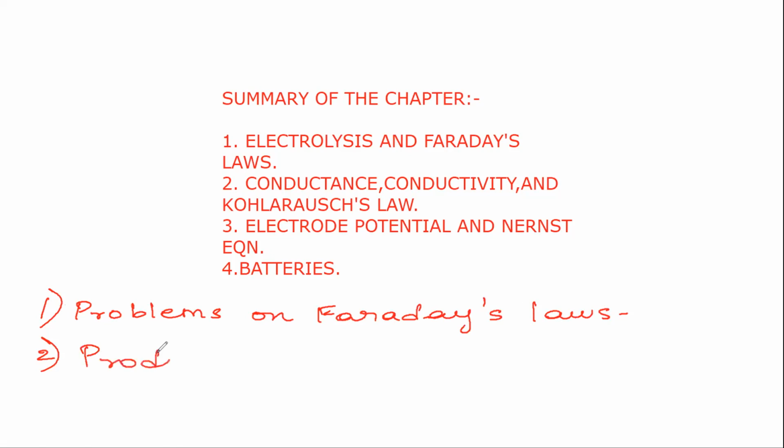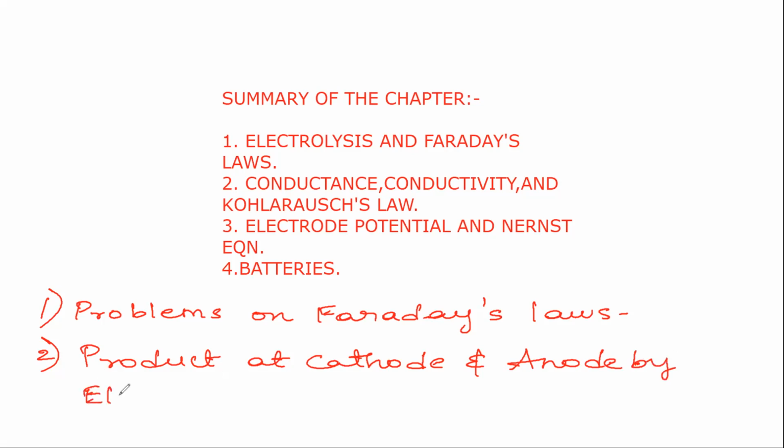That is a theoretical question from electrolysis: what is the product formed at cathode and what is the product formed at anode by electrolysis? Only electrolysis. So reaction at cathode, reaction at anode. Actually, this part I have done at the last, but first case it came. So 1 and 2 we have done.